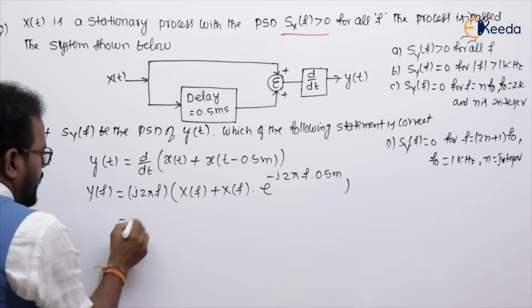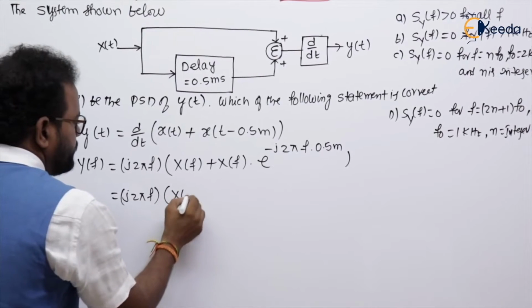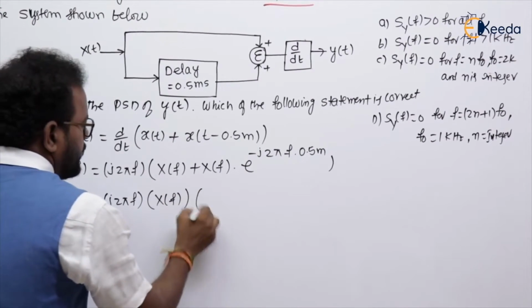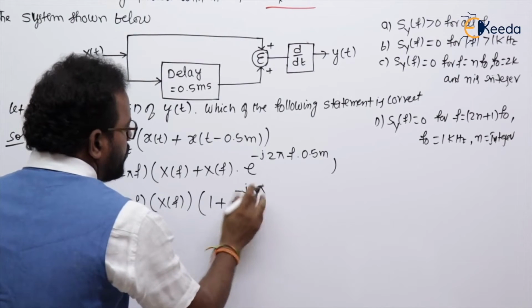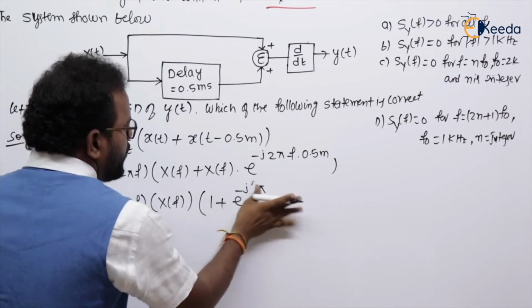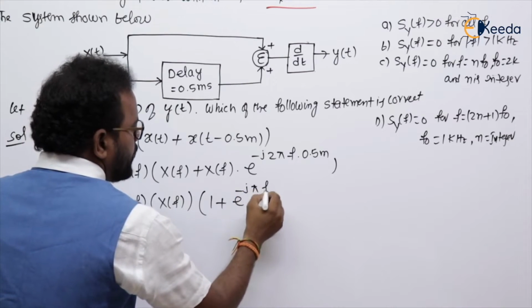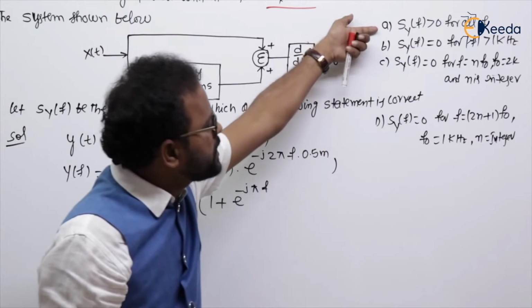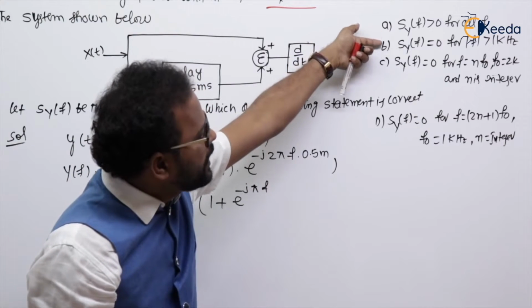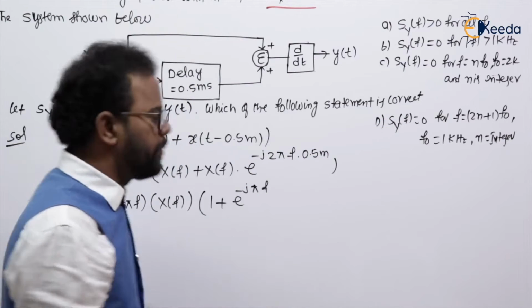Then j2 pi f, take x of f common, then it will be 1 plus e power minus j 2 into 0.5, I can say 1, so pi into f, milli is there. But in all options, if you observe, apart from the first option, all are given in kilohertz, so don't bother, kilo and milli will be gone.